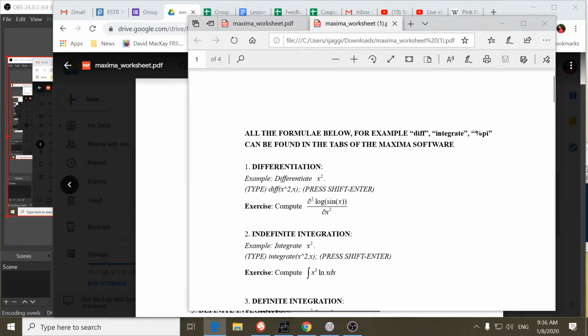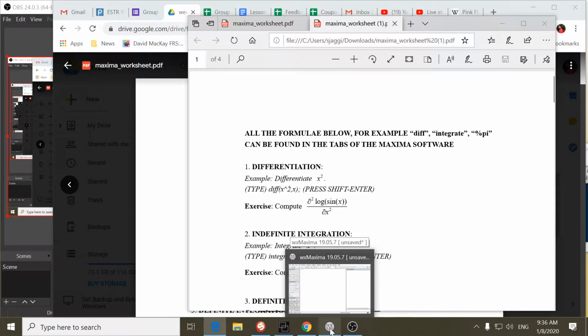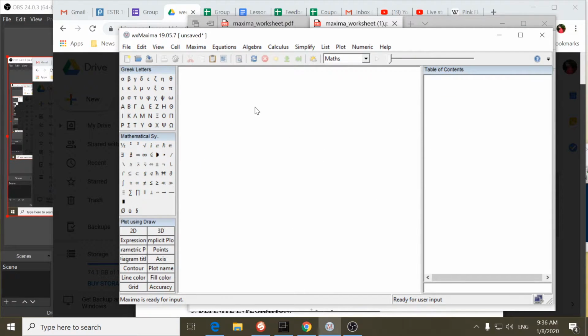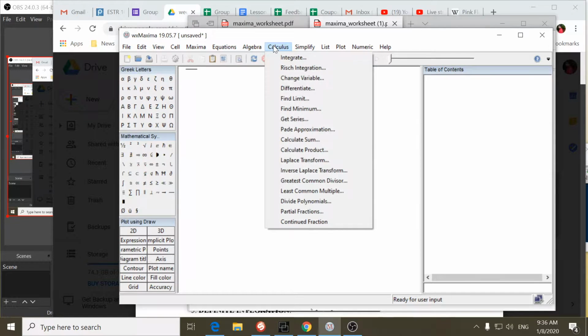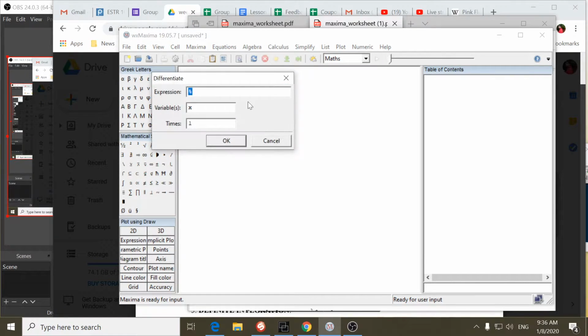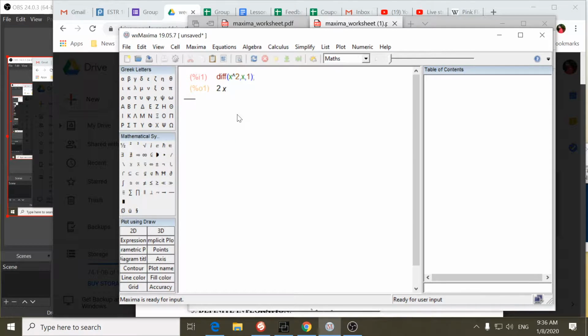But basically, for example, if you want to use maxima to differentiate x square, then what can you do? You can go to maxima and go, for example, to calculus and say differentiate. And what do you want to differentiate? You want to differentiate the expression x square with respect to x once, right? So when you do this, it types out the command for you.